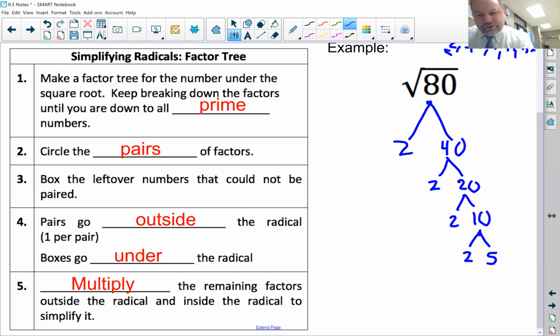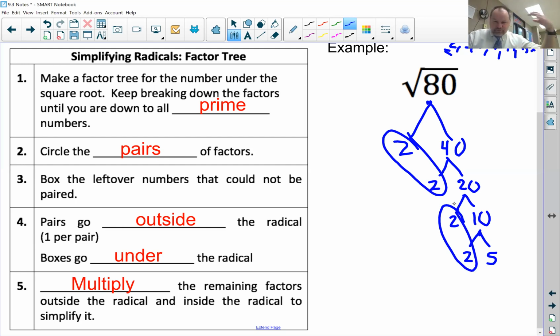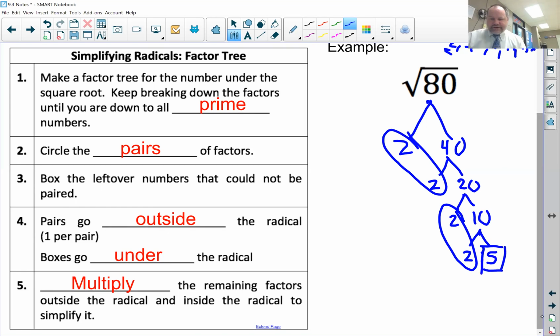So I'm going to circle a pair of 2s and another pair of 2s. Those will be my perfect square factors. They'll go outside of the square root symbol. And the 5 is the only factor that couldn't be paired up.